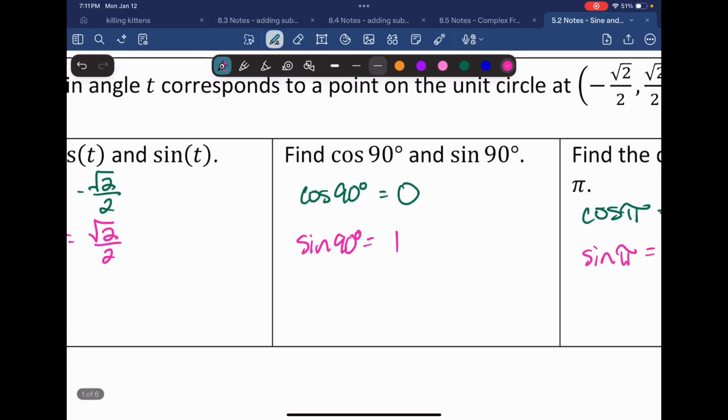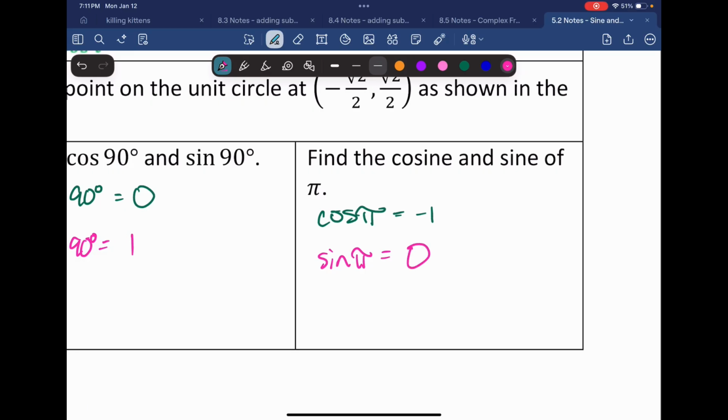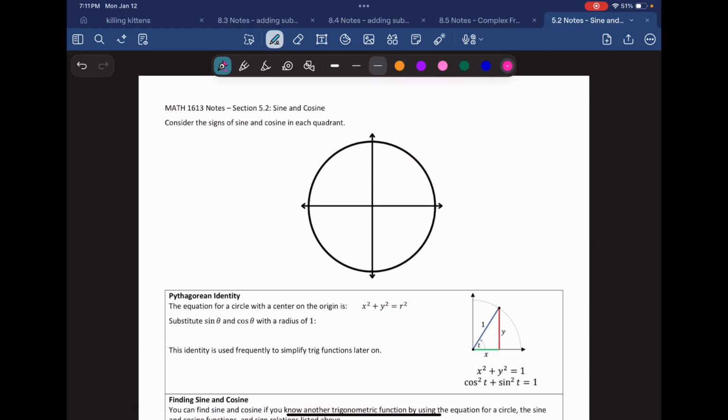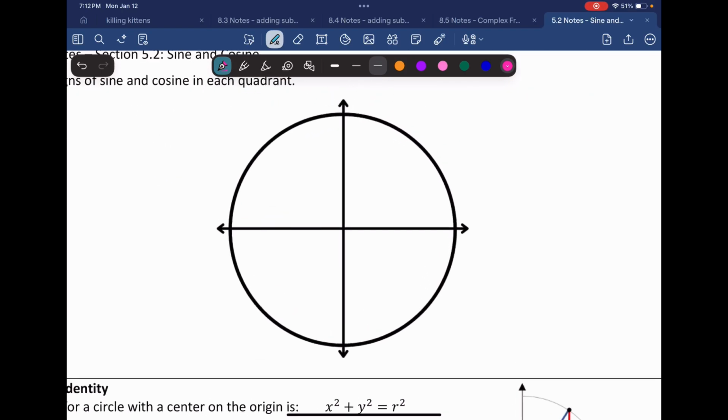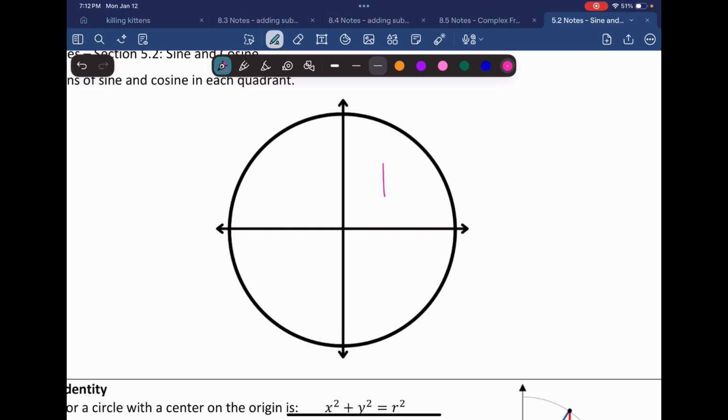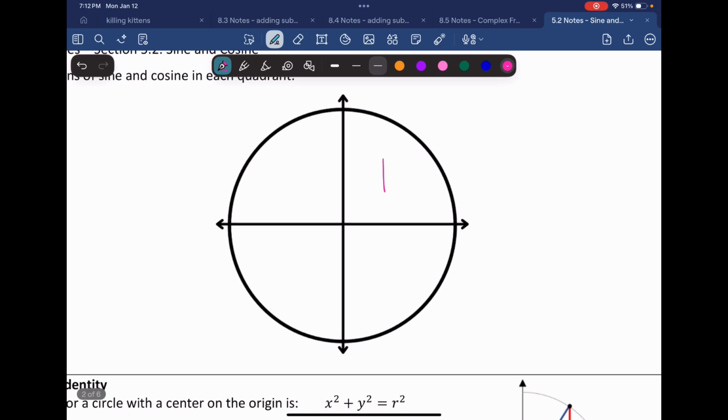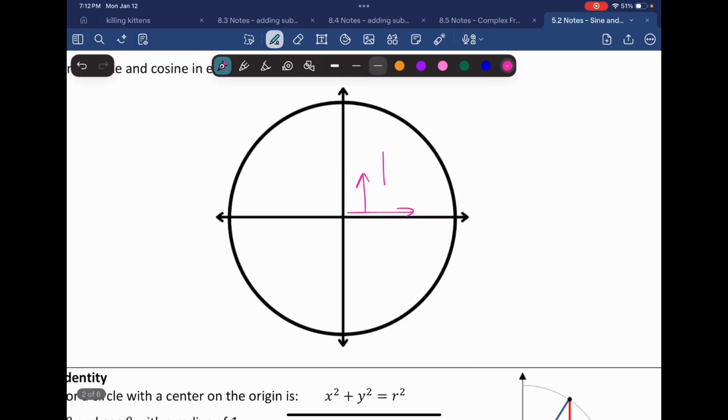All right, so we've got this big picture here. Okay, this is our unit circle. But I specifically want to talk about the signs, positive versus negative. So if we're in quadrant 1, that means we have gone right and we've gone up. So our x's and y's are both positive. Over here in quadrant 2, we went left and up.